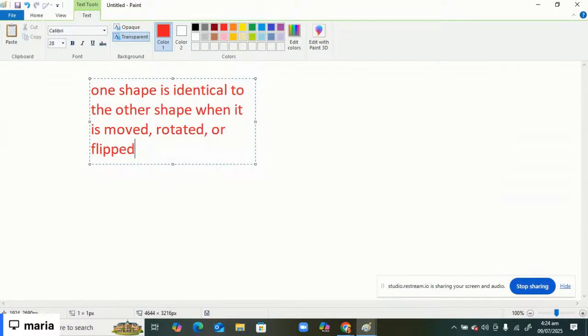If an object does not have symmetry, we can say that the object is asymmetrical. It's not symmetry, it's asymmetrical. The concept of symmetry is commonly found in geometry. So mostly we find this concept in geometry.